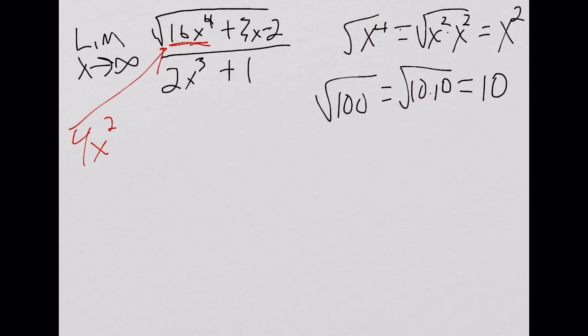So if that's really acting like a 4x squared and this is acting like a 2x cubed, then the x cubed in the bottom wins. 4x squared over 2x cubed would reduce down to 2 over x, which, as I go to infinity, gets smaller and smaller, making that limit equal to 0. So you should get 0 for that first one.